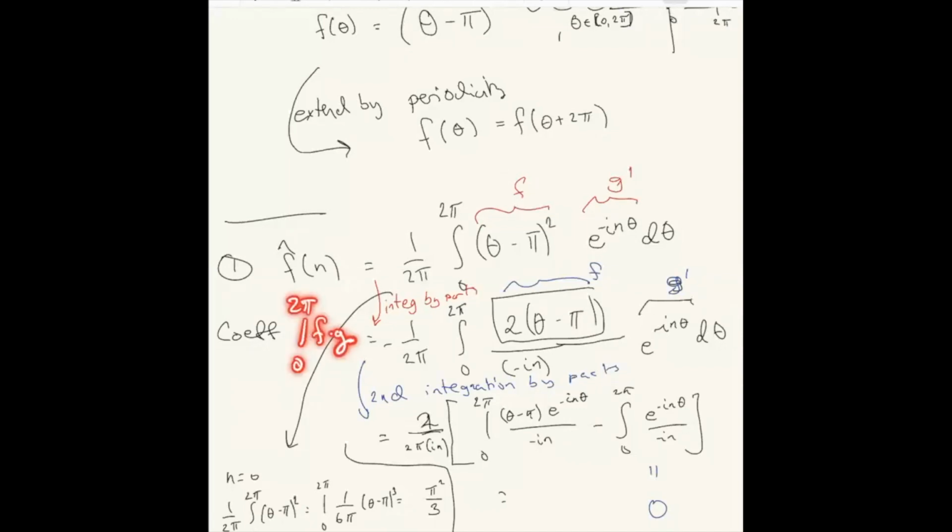But f is 2 pi periodic, and g, a complex exponential, is also 2 pi periodic. So what do we get? We get f g at 2 pi minus f g at 0. But these are equal, so it's equal to 0.